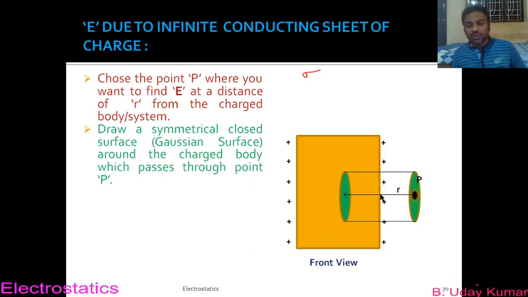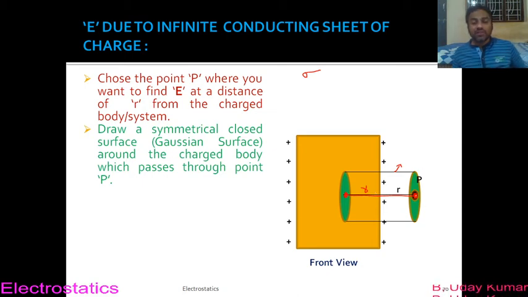From this point to this point, the height of the cylinder must be 2r to make it symmetrical. I hope you understand. I already discussed this in our last topic. So this is the Gaussian cylinder which is passing through point P, and also symmetrical. In order to make it symmetrical, the height of the cylinder has to be taken as 2r. If it is not 2r and something else, it will not be symmetrical.